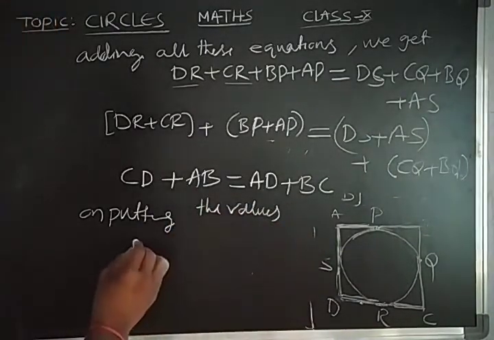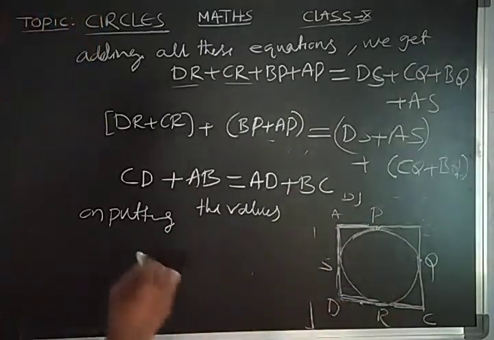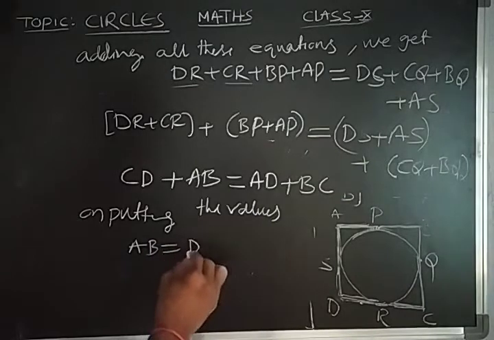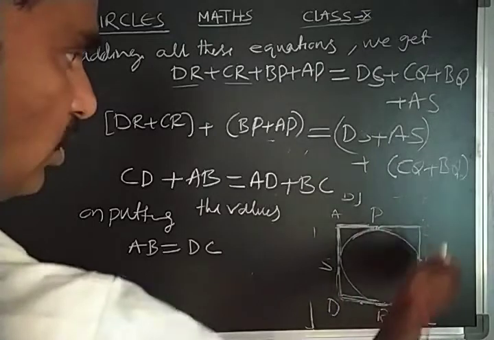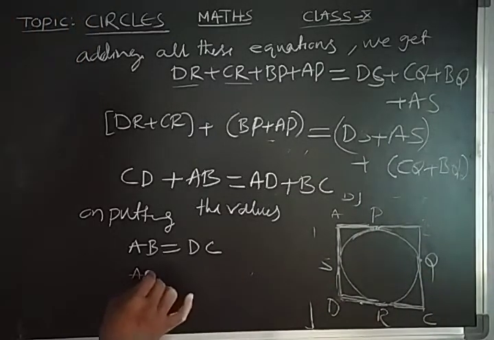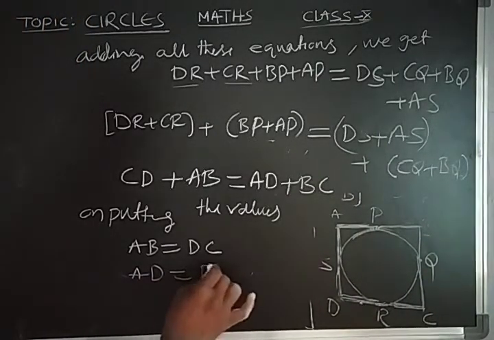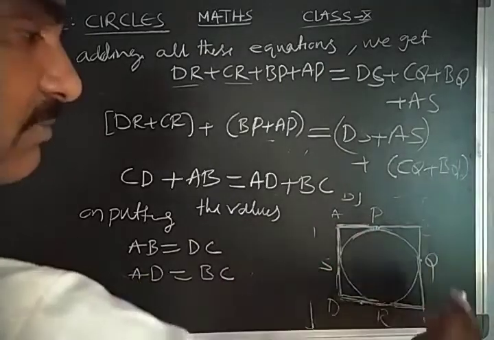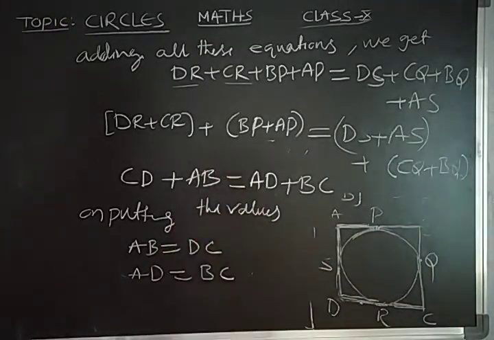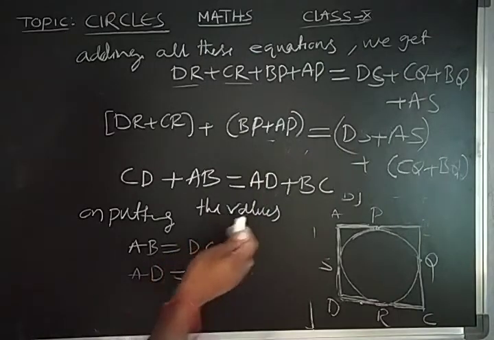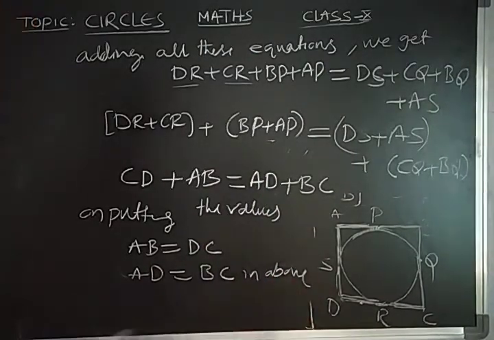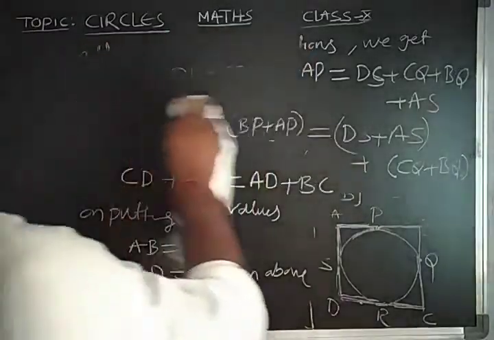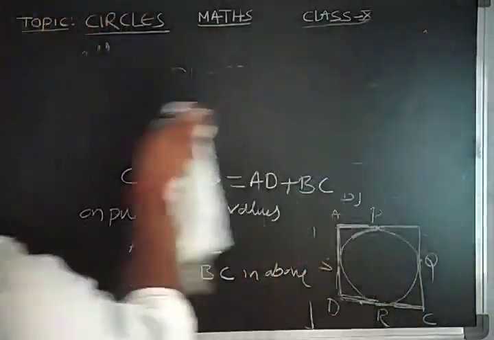what values? We know AB, DC are equal. Putting the values AB equal to DC and AD equal to BC, right? AD equal to BC. Why? Because it is given a parallelogram. Putting these values in the above equation, what will you get?